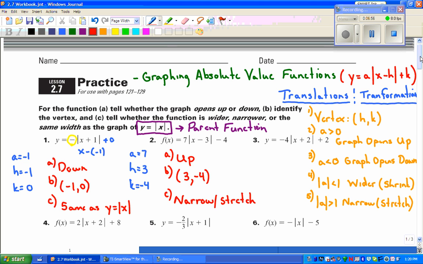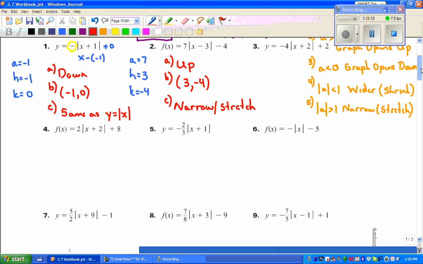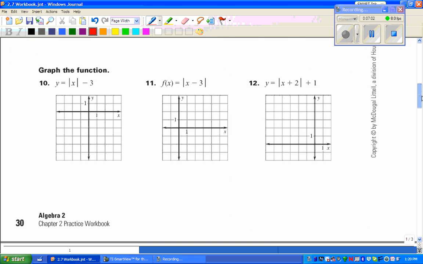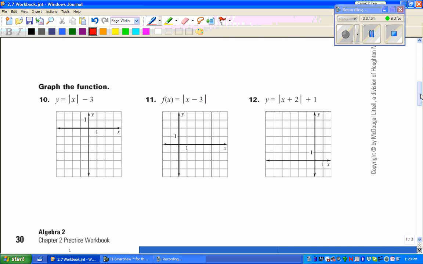So let's go down here to figure out how we're going to graph these things. If you wanted to graph these, we could start by just doing a t-table. That would be one way that we could do it. So I could go ahead and draw this in.